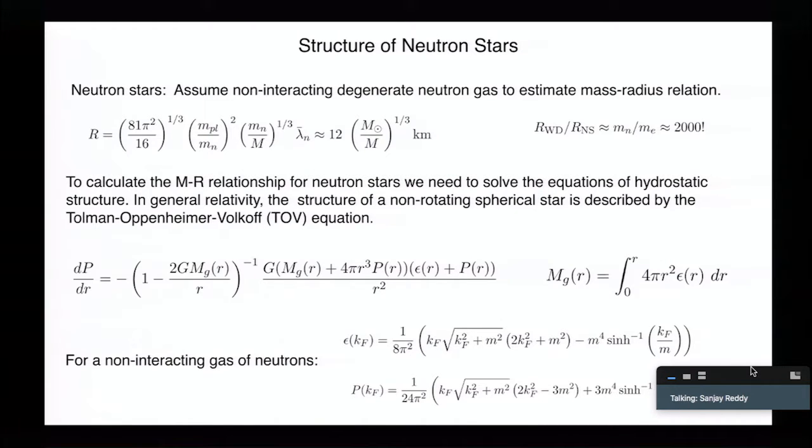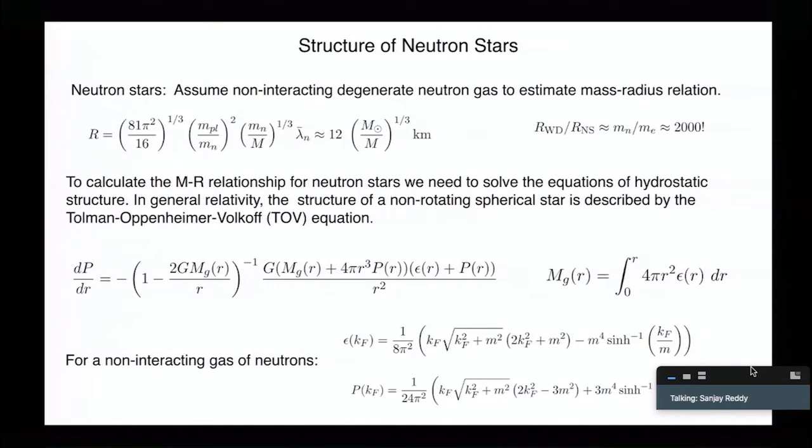We started with a very simple estimate for the radius of a neutron star, just based on the minimization of the gravitational energy and the energy of a degenerate Fermi gas of neutrons. And that already gave us some insights on how the radius changes with mass when neutrons are non-relativistic, and what the typical order of magnitude for the radius of the neutron star is. And that's what's shown in the first line there.